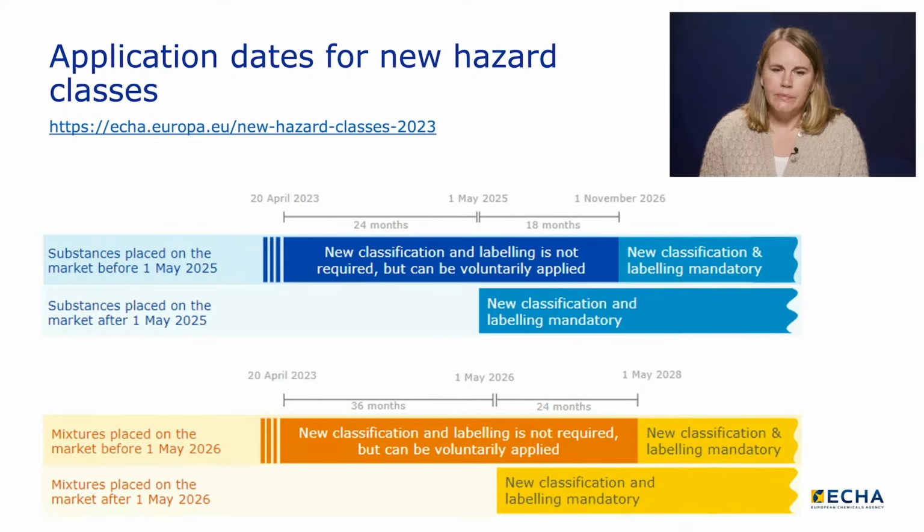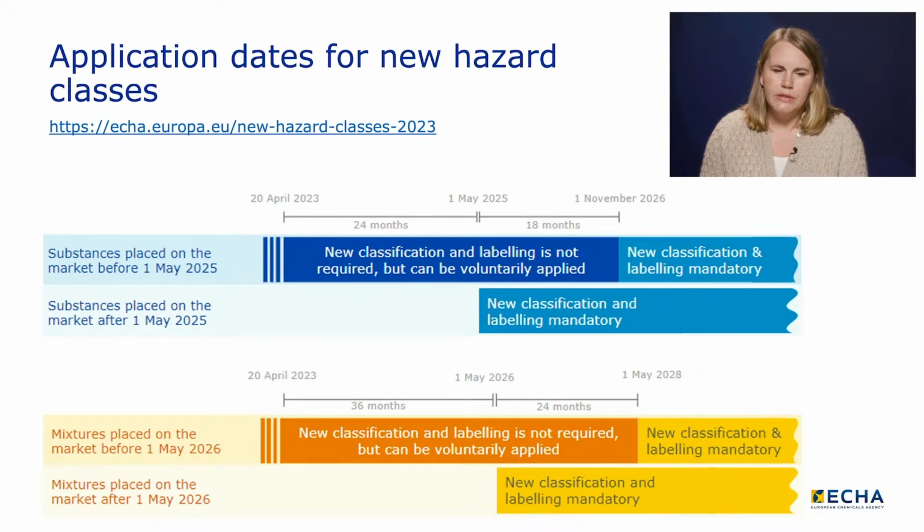There are transitional periods in place for when the new classification and labeling applies for substances and mixtures. From 1st of May 2025 at the latest, substances shall be labeled in accordance with the new criteria. However, substances which were placed on the market before the 1st of May 2025 are not required to be labeled in accordance with the new criteria until 1st November 2026.